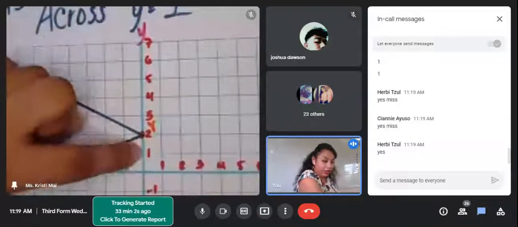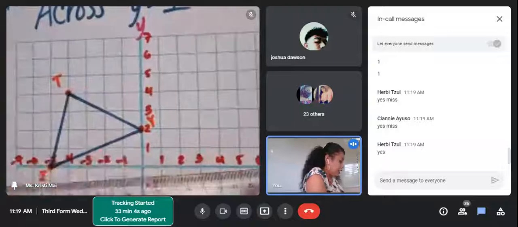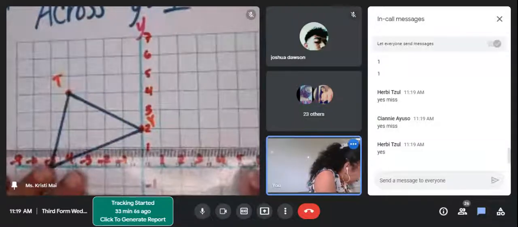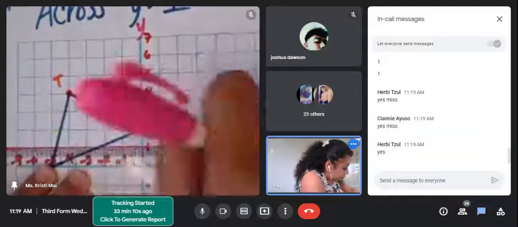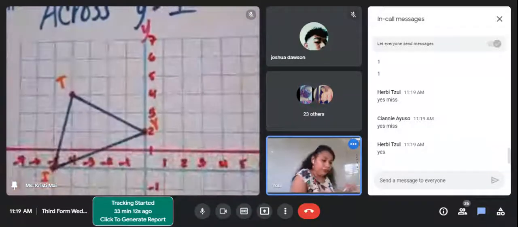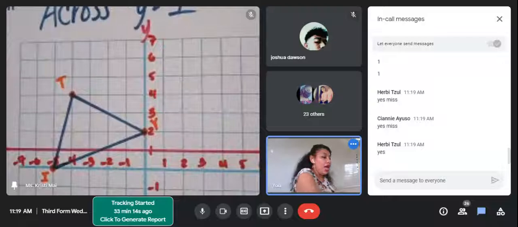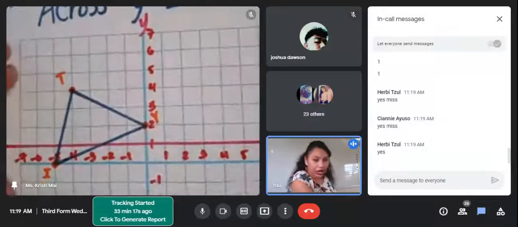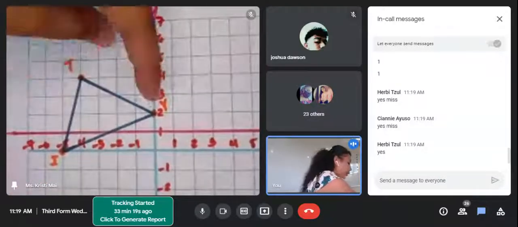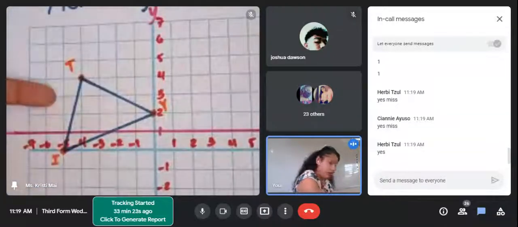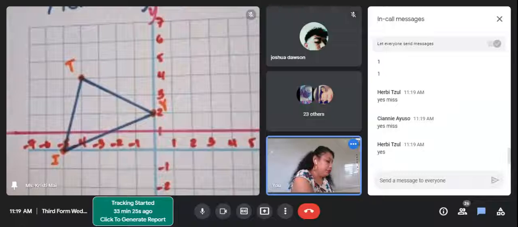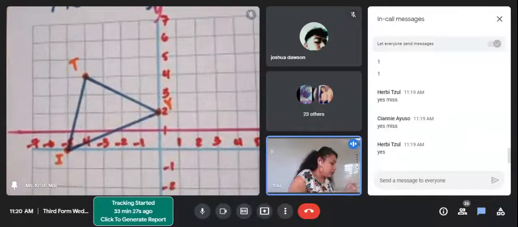Positive 1 is right here, so I'm going to draw my line right here. And that is where the reflection is going to happen. So these 2 points will show up at the bottom, and this point will show up at the top, right? So let's go ahead and do that.